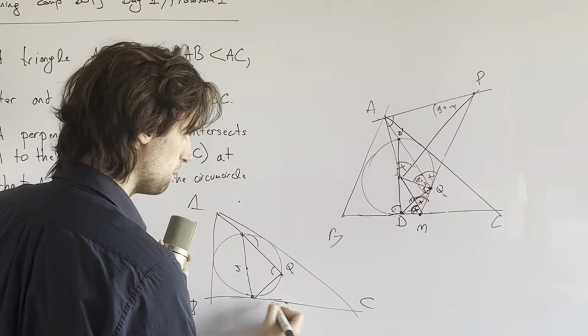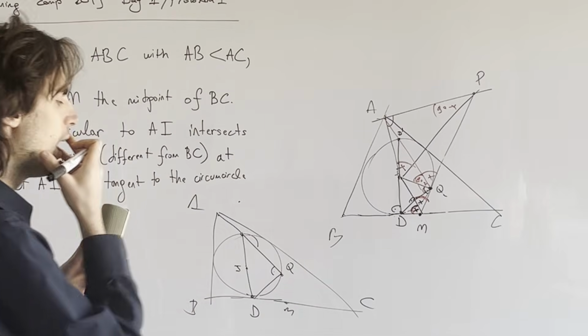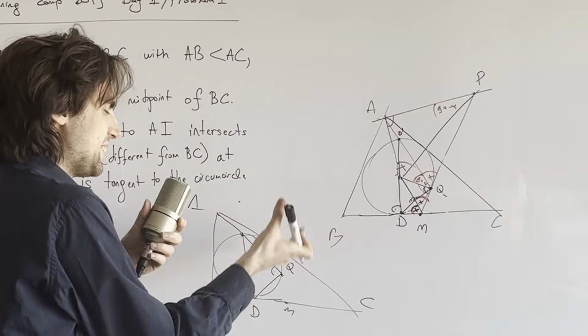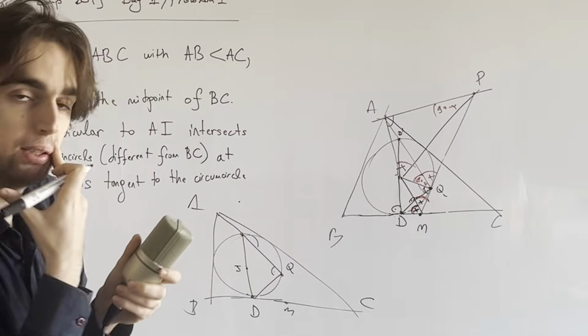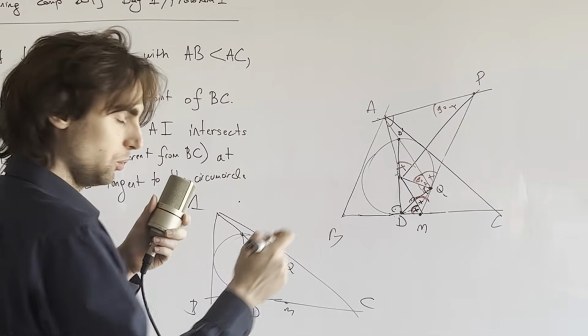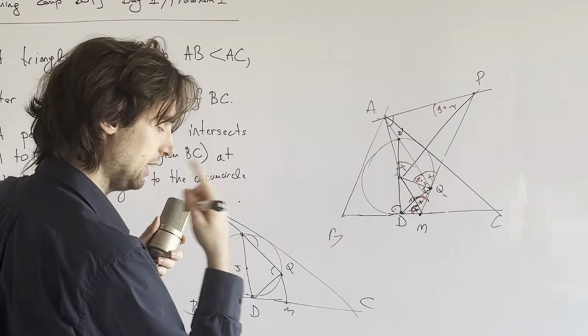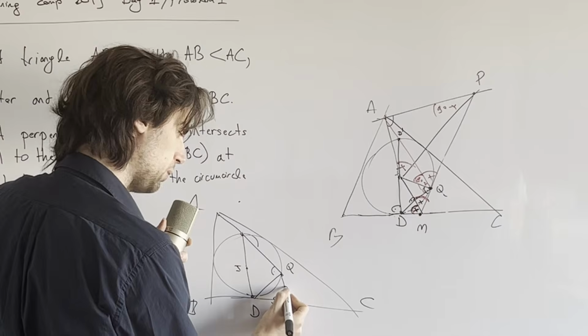Now, M is the midpoint. I have D, I have I. What does this also tell me about this line AQ? M is the midpoint of BC, and also MD would have to be MQ.